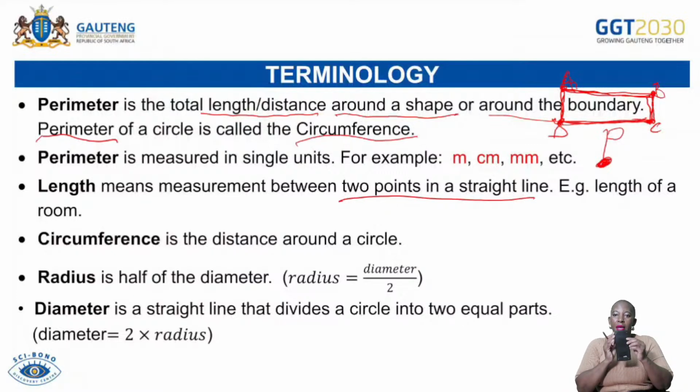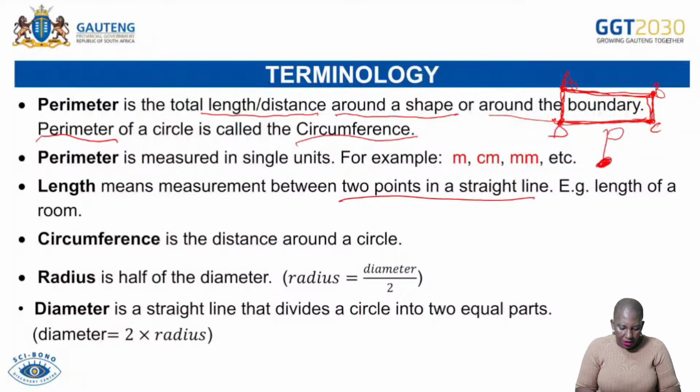If I want to measure the perimeter of this calculator, I will measure from here up until there, then start again from here up until there, and then move around up until there. The length is measured between 2 points in a straight line.